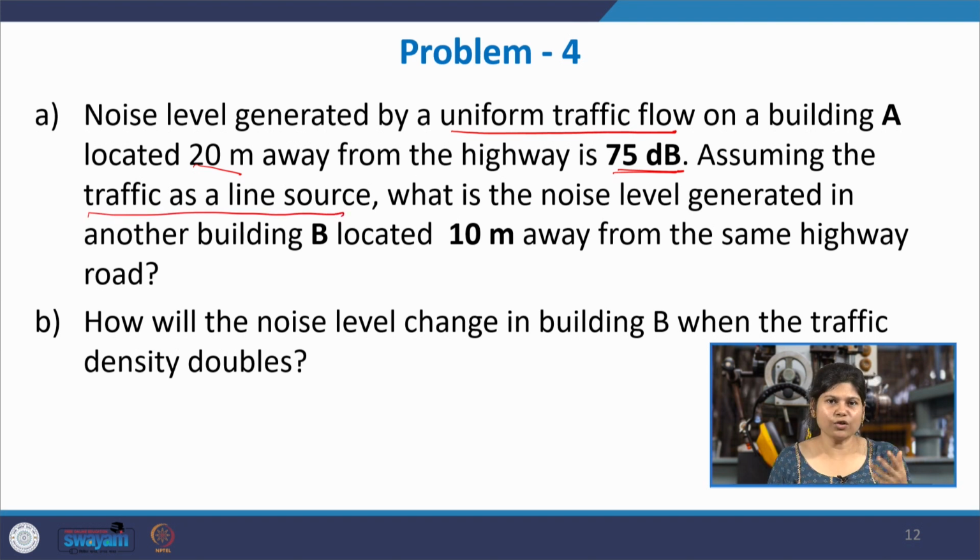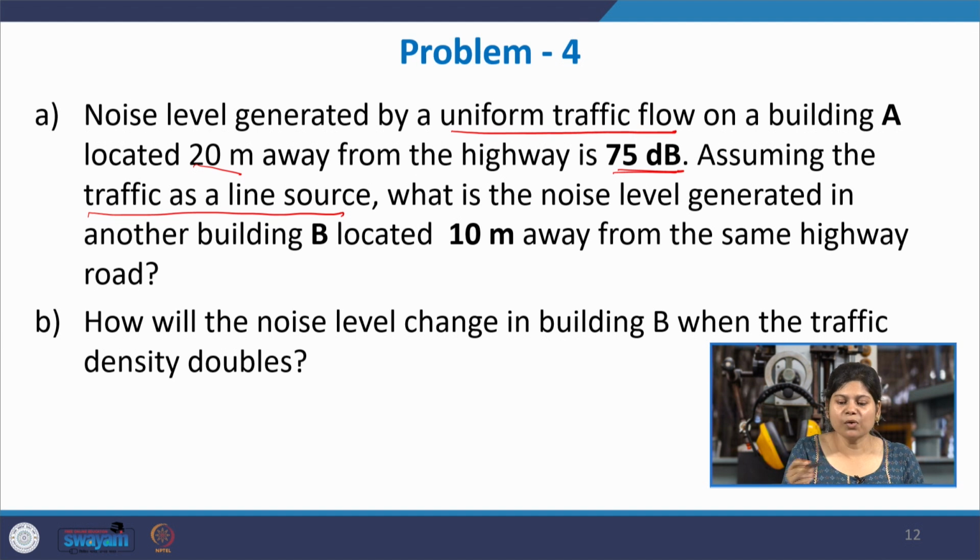In our lecture on cylindrical wavefront, I introduced the concept of when a cylindrical wavefront is generated. It is generated in the case of a line source, and some examples could be a train moving at a constant speed or traffic moving uniformly with a uniform traffic density. These could be examples of a constant line source, and they generate a cylindrical wavefront.